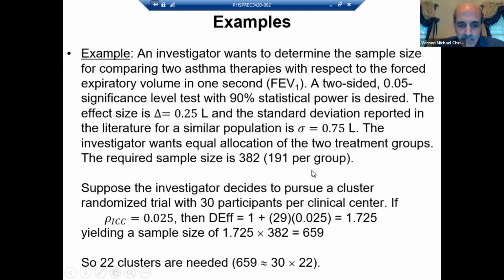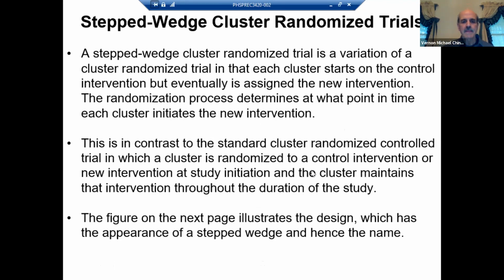So that's just an example of a sample size calculation, again, resorting to this design effect to try to determine the sample size. Okay. I'm going to move on to a different type of design, and maybe you're familiar with this, and maybe you're not.